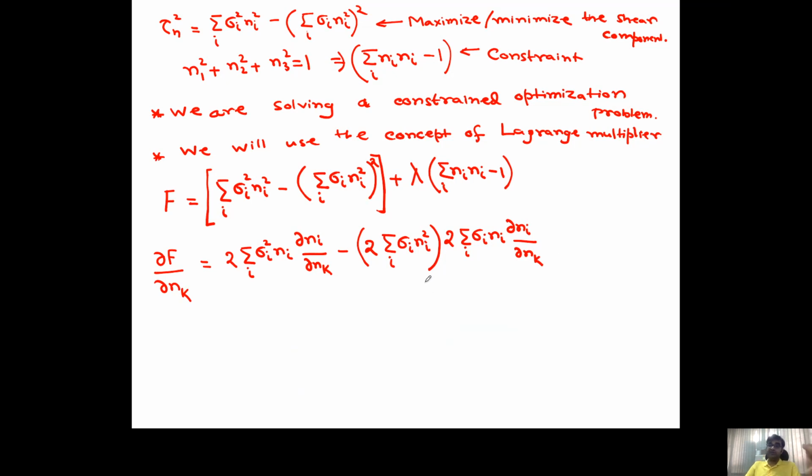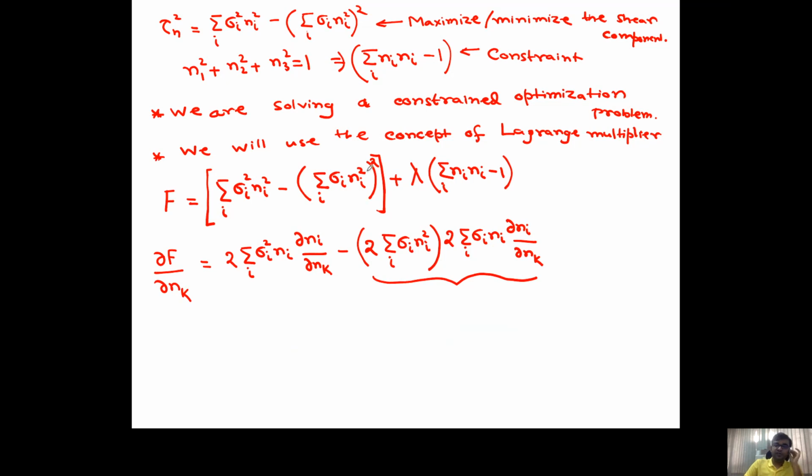So check very carefully. This is plain chain rule, but still you check carefully and tell me whether this is clear to you or not, because this is very important. This is what will govern the final result. So be very careful and check that you understand it.